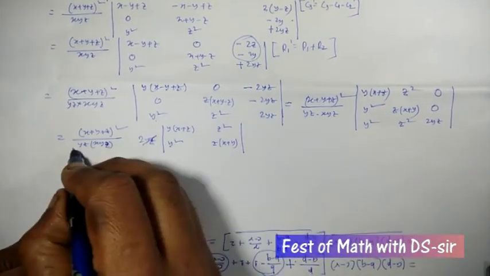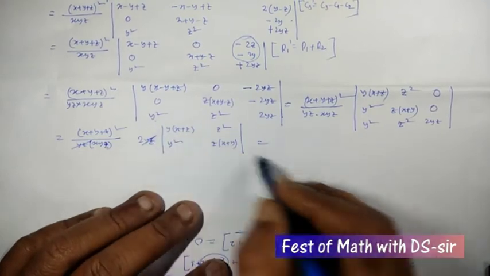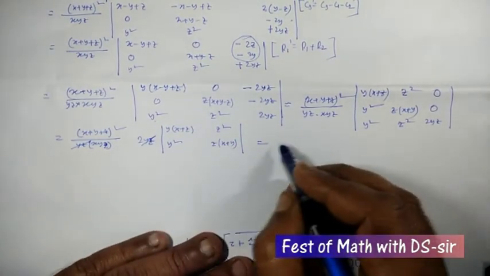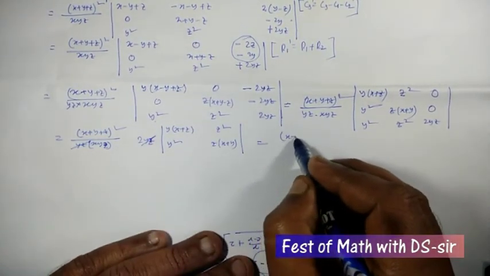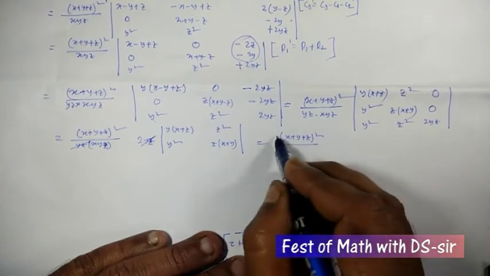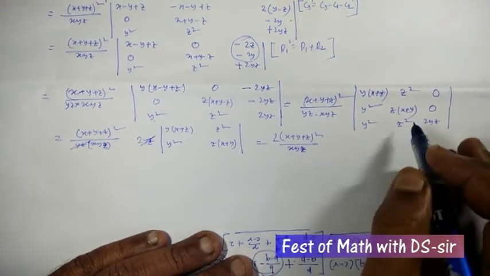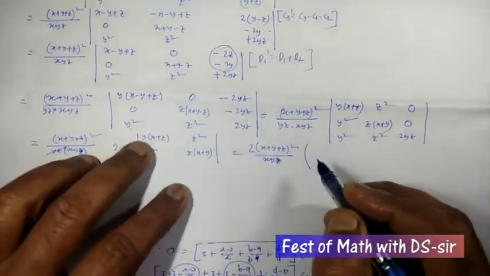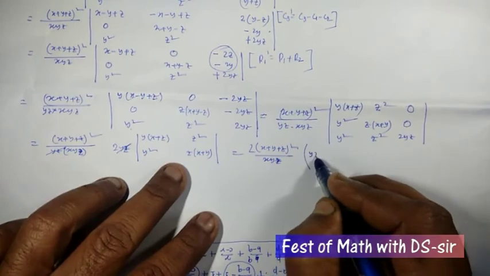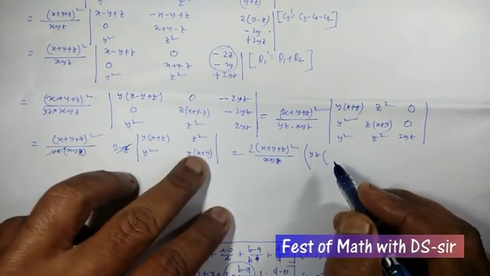Now yz cancels. Now you just expand this. What we will get? (x plus y plus z) whole square by 2 into xyz into this. So yz into (z plus x) into (x plus y).